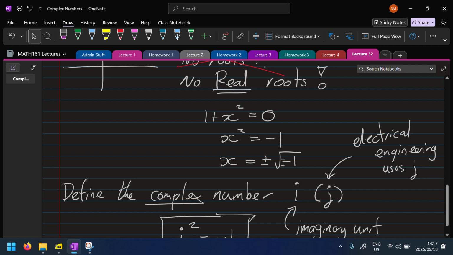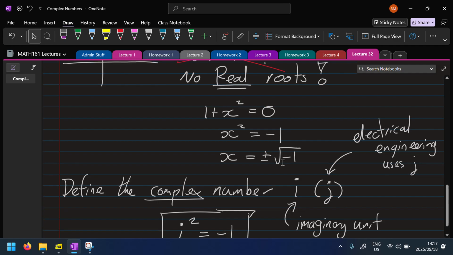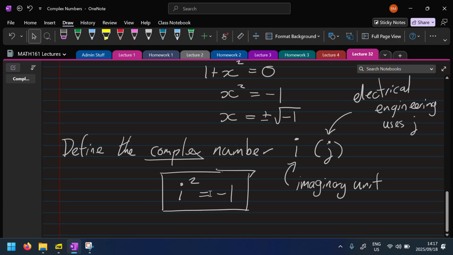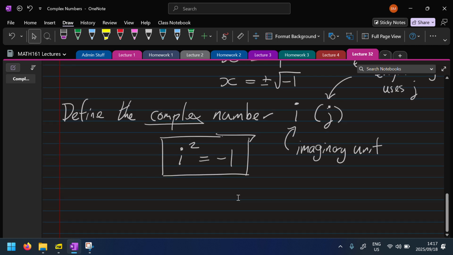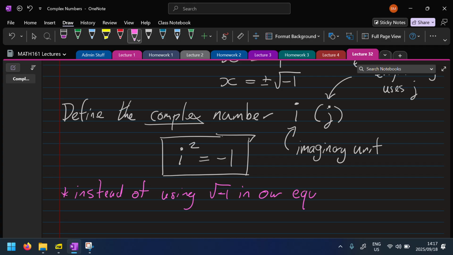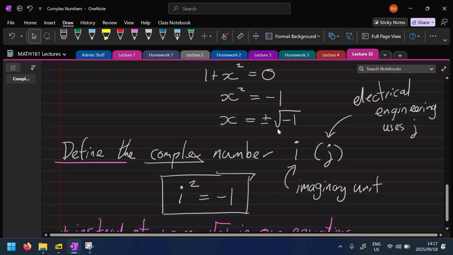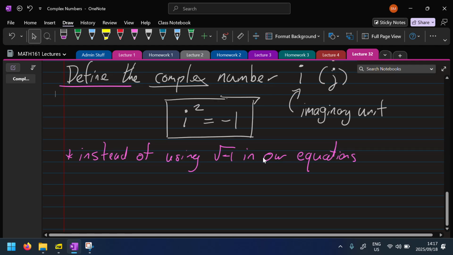We don't want to write root minus 1 all the time, so we call it I. And whenever you have I squared in your equation, we replace that with minus 1, instead of using root minus 1 in our equations. That's why we say define. So this root minus 1, we're now going to call I, and from now on we'll call it that.